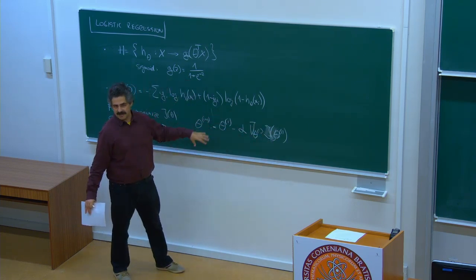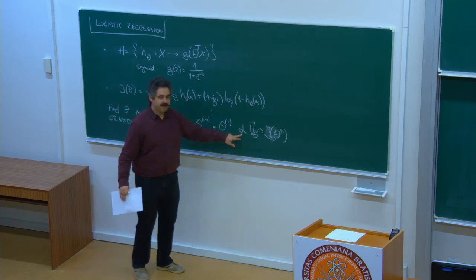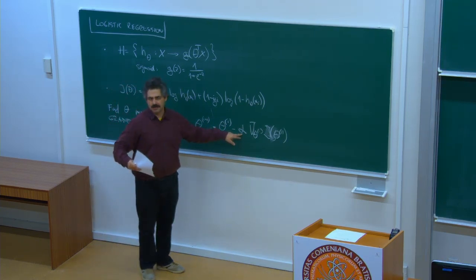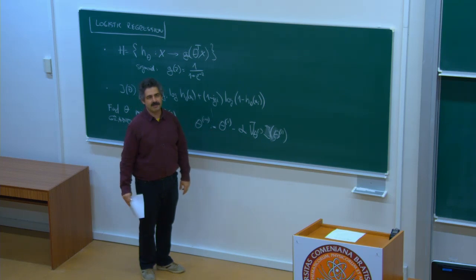This is the same thing we have done before. Alpha is again the learning rate parameter, which is part of the black magic.